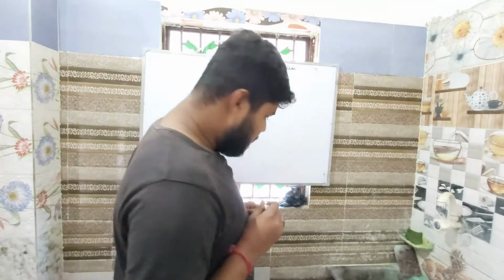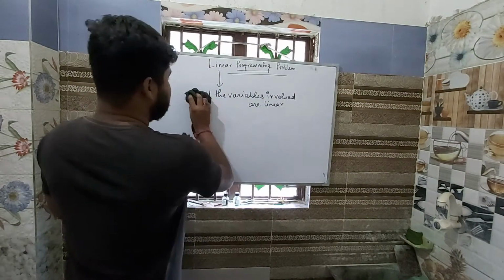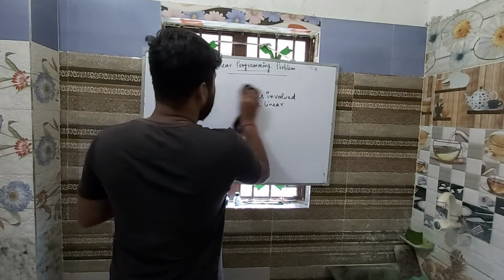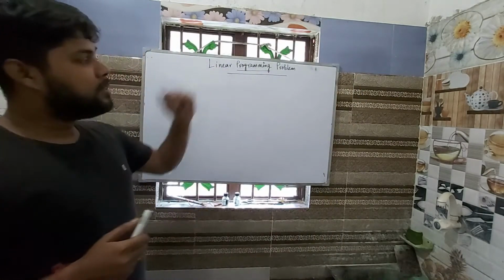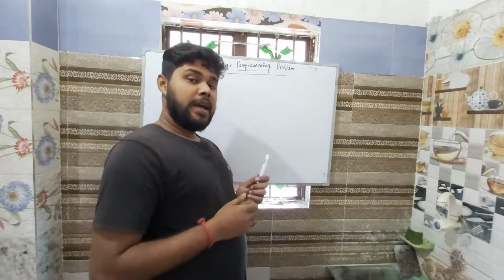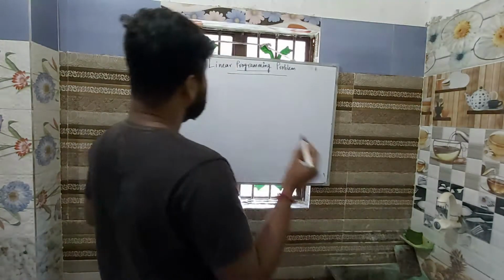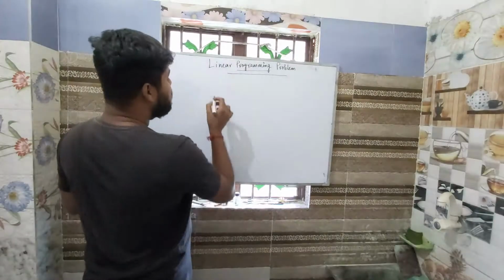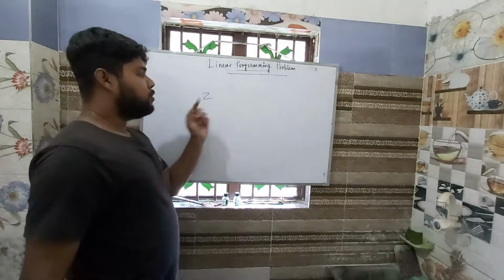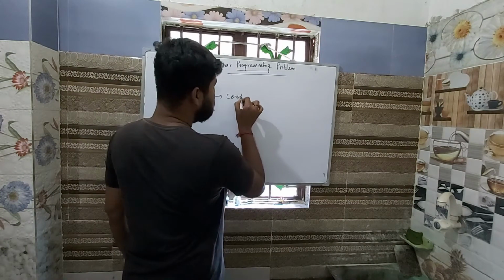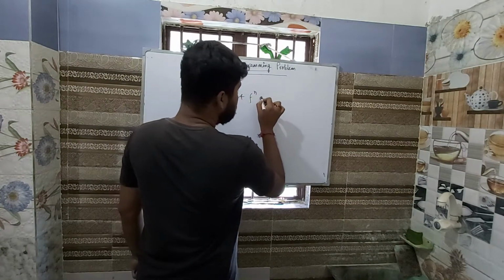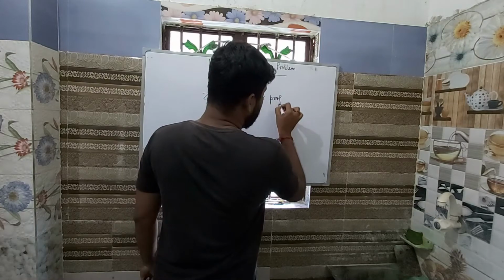So now to begin with, what does a linear programming problem do? It takes a function which is generally denoted by z, which we call the cost function or profit function depending on the problem.